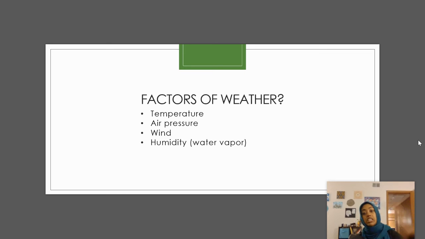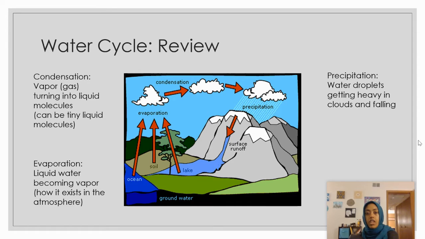Wind moves heat, wind moves water molecules, wind moves air, and humidity is the amount of water vapor in the air. And that will play a role because humidity determines condensation, evaporation, and then precipitation too. So all of those words that I just mentioned are words from the water cycle.